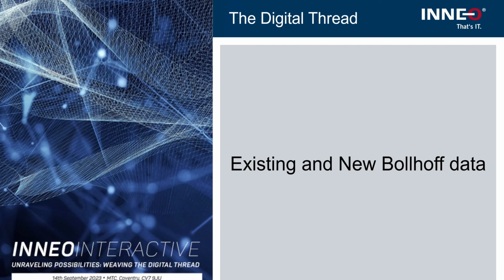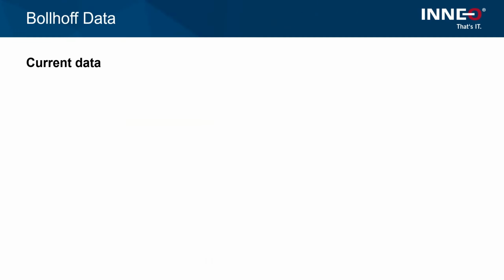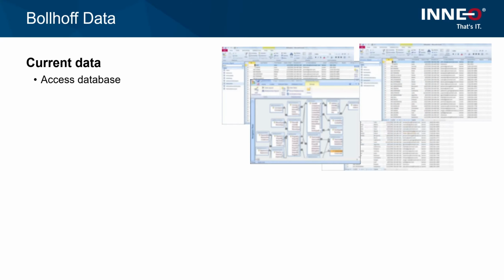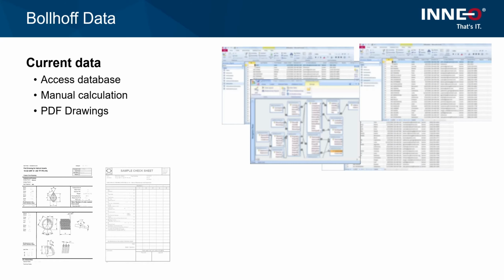So how did we use all this information in the Bollhoff project? Currently in the Bollhoff project they have all the helicoil information inside an Access database, and they would do all sorts of manual calculations, or do their calculations in Excel, and that would populate the information in the Access database.